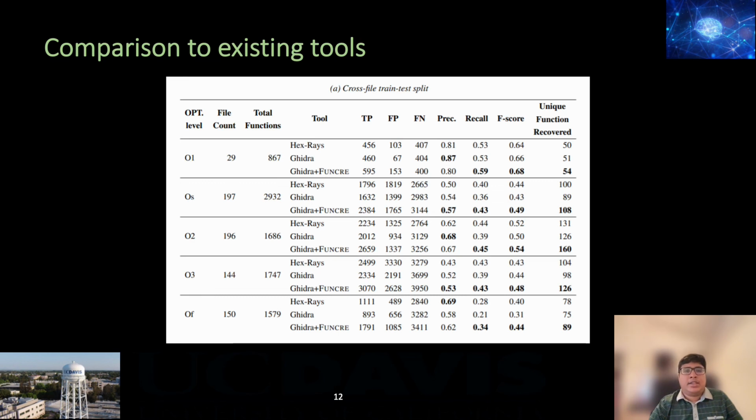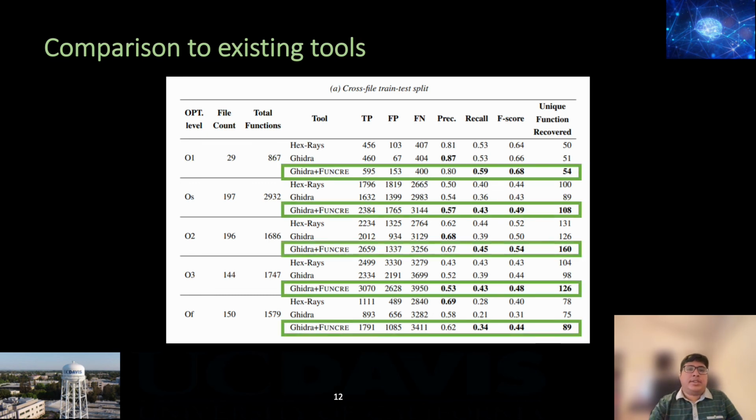In this slide, we compare our tool with the existing ones. Note that Funcree was trained to recover the functions that were missed by Ghidra, so Funcree is not directly comparable with Ghidra or Hex-Rays. To make it comparable, we combine the result of Funcree with Ghidra and then compare them with Hex-Rays and Ghidra itself.